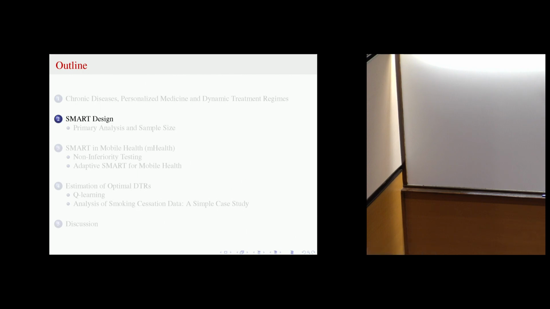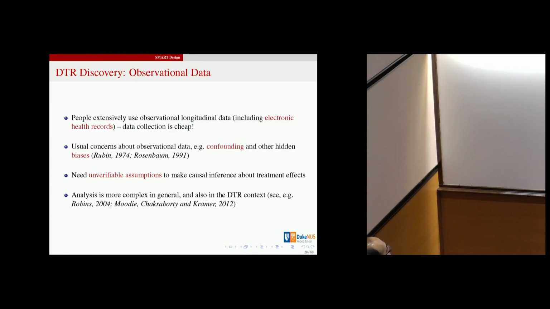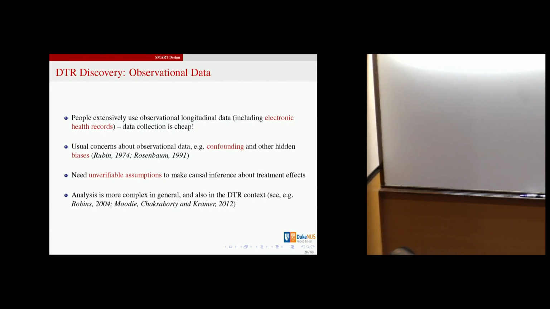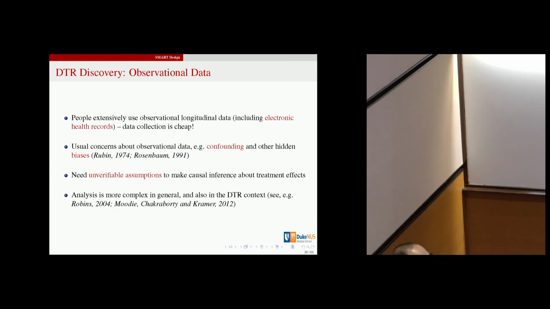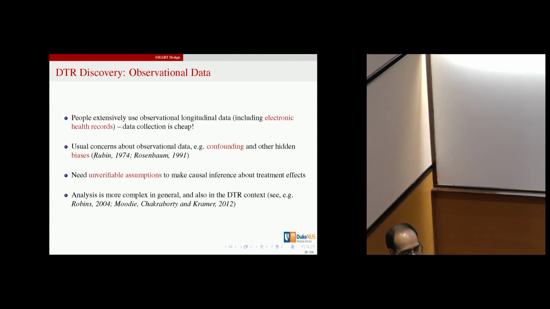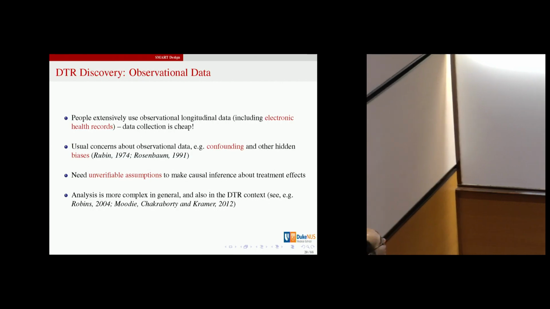Okay, SMART design. Now we are talking about discovery of DTRs. How do we find out what could be a good DTR? Of course, the natural choice is observational data, because there is so much of it, and data collection is very cheap.